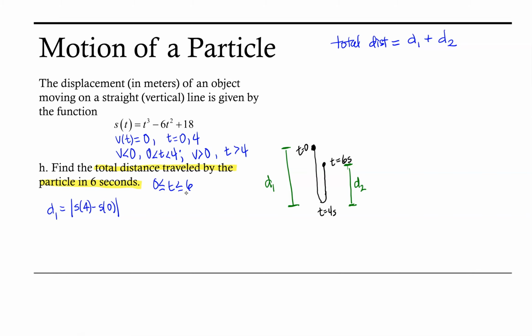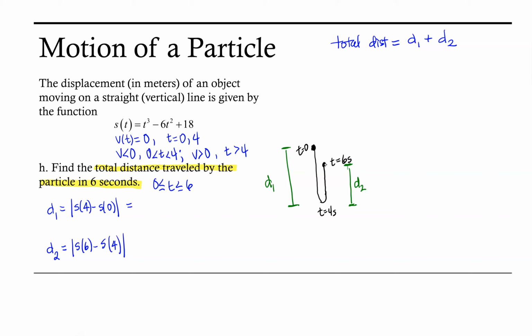Now, due to the direction of travel, this may turn out to be a negative quantity, which is why we've put absolute values around that difference, so that we end up with a distance which is typically a positive value. And then our distance 2 is going to be similar. We want to know the difference in the position of the particle from t equals 4 seconds up to t equals 6 seconds. So it'll look like s of 6 minus s of 4.